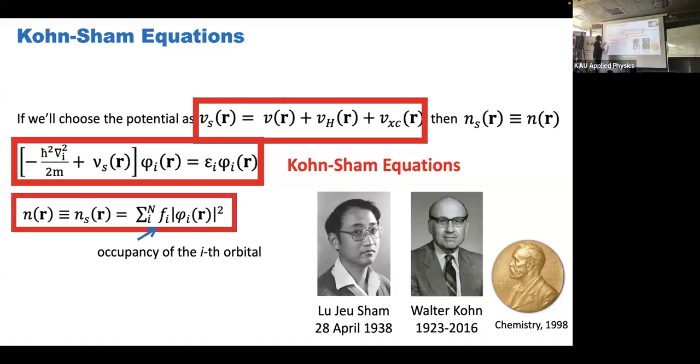Then we should solve single particle Schrödinger equations with this potential. And then we get psi functions, and with these psi functions, we create a new electron density. And then we start again. From this electron density, we substitute here, and then we run this cycle on and on.